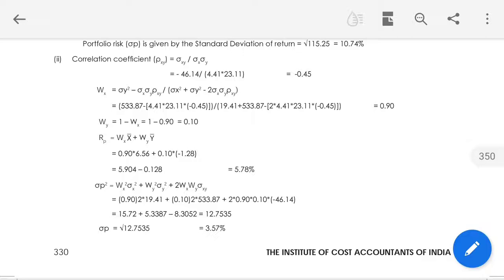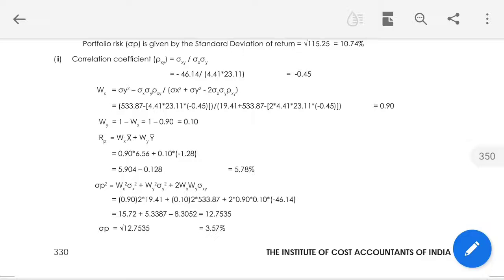So when weights are not given, we have to find weights. What is the weight of x component, that is x stocks, and what amount is invested in stock y. For that we need to calculate the correlation coefficient, indicated with the symbol rho, which looks like P. So rho xy is equal to sigma xy divided by sigma x into sigma y.